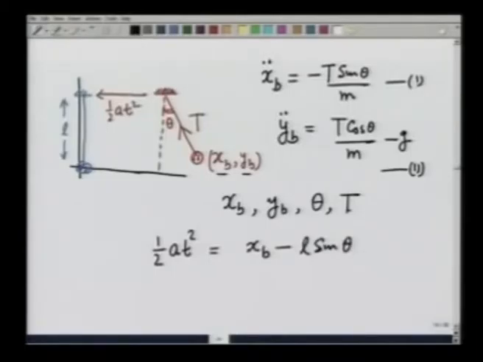Similarly, I am going to have y of the support equal to yb plus L cosine of theta. This is my equation 3 and equation 4. I have gotten 4 equations, 4 unknowns, and I can solve for them. So let us do that.